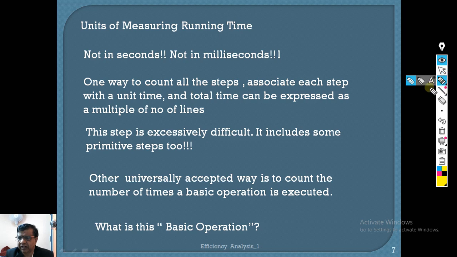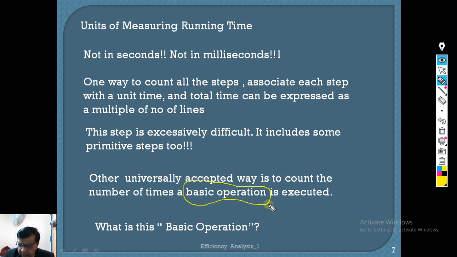We should consider the basic operation. We have to identify the basic operation, and then we have to measure how many times the basic operation is getting executed. By basic operation we mean the operation which consumes most of the algorithm time.